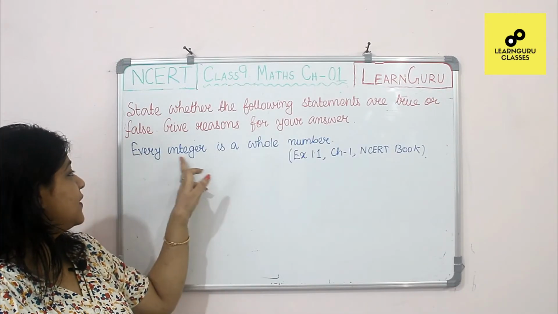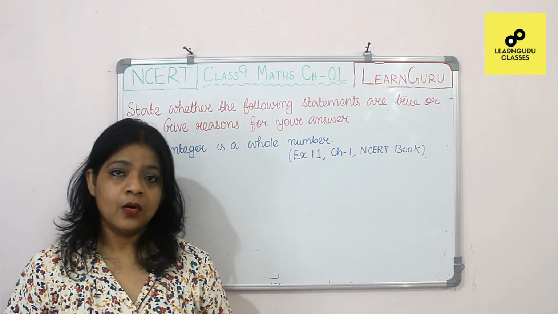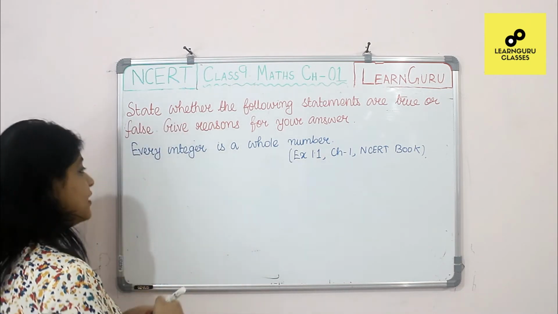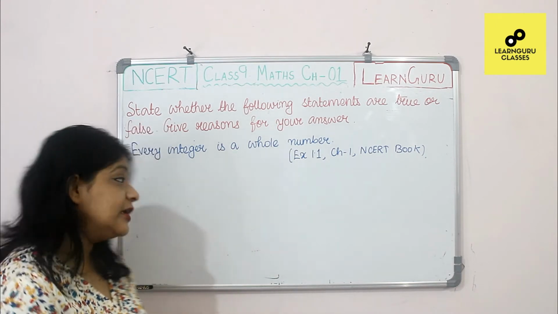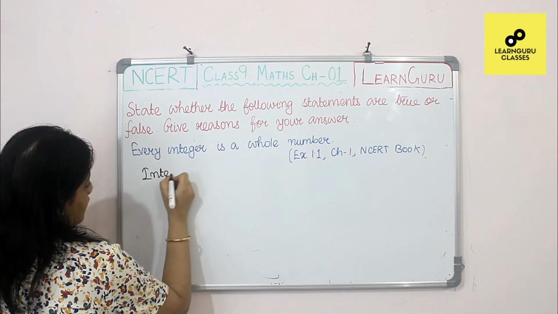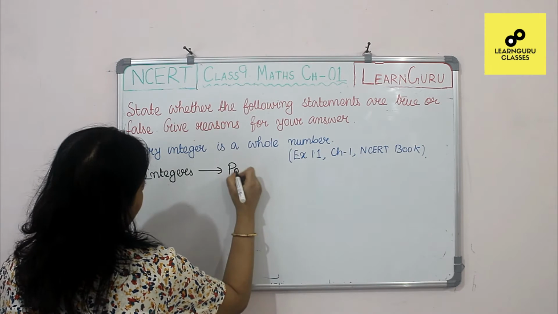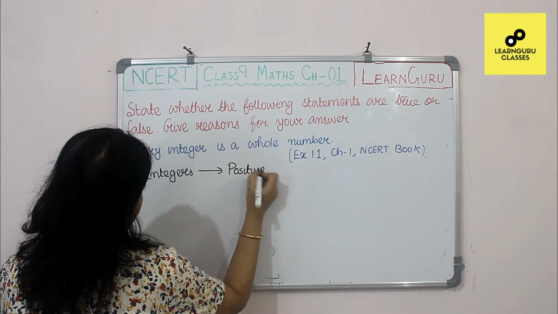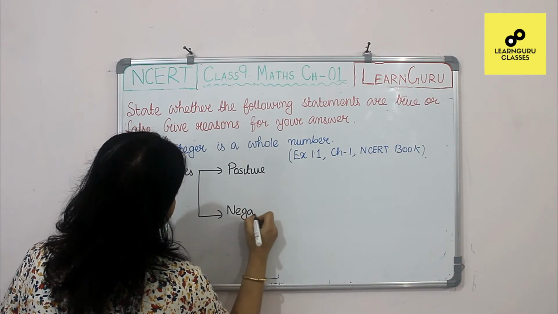The fifth statement is every integer is a whole number. Okay, so integer is a type of rational number. Then integers are again divided into positive and negative integers.